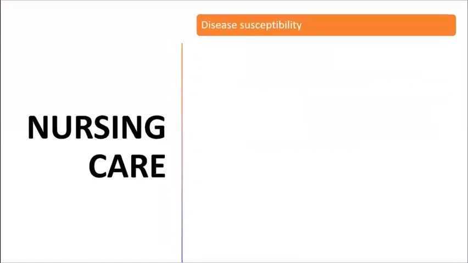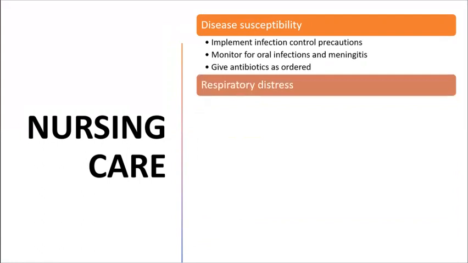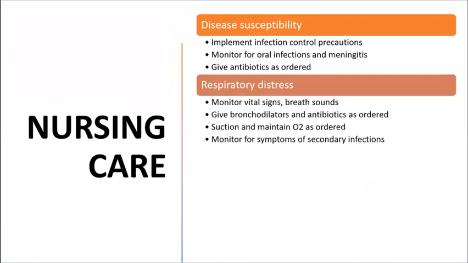As part of disease susceptibility, you want to implement infection control measures, hand washing on entering and leaving the room, monitor for oral infections and meningitis, and give antibiotics as ordered. For respiratory distress, you want to monitor the client's vital signs, breath sounds, give bronchodilators and antibiotics as ordered, suction and maintain oxygen as ordered, monitor for symptoms of secondary infections.